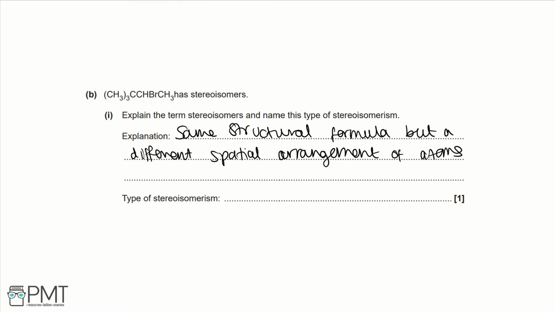To help us identify the type of stereoisomer in this compound, let's draw it out again. We have our 2 side groups and the beginning of our 4 carbon chain, and then our bromine. The type of stereoisomer here is an optical isomer because we have what's called a chiral carbon center, where we have 4 different groups attached to a carbon.